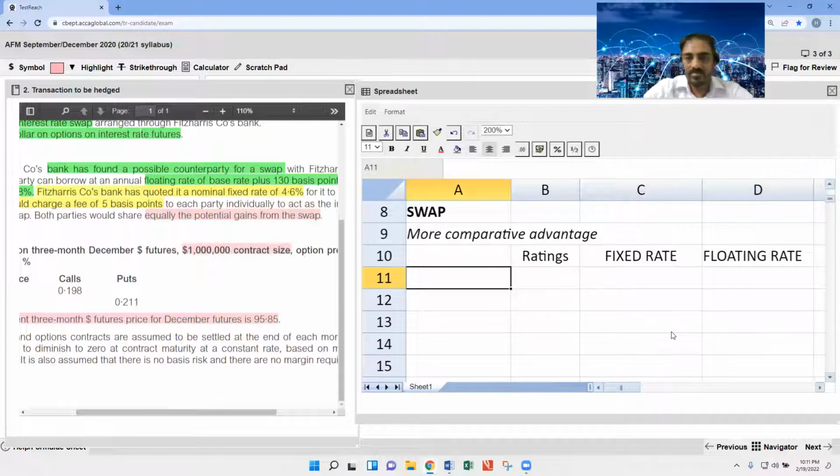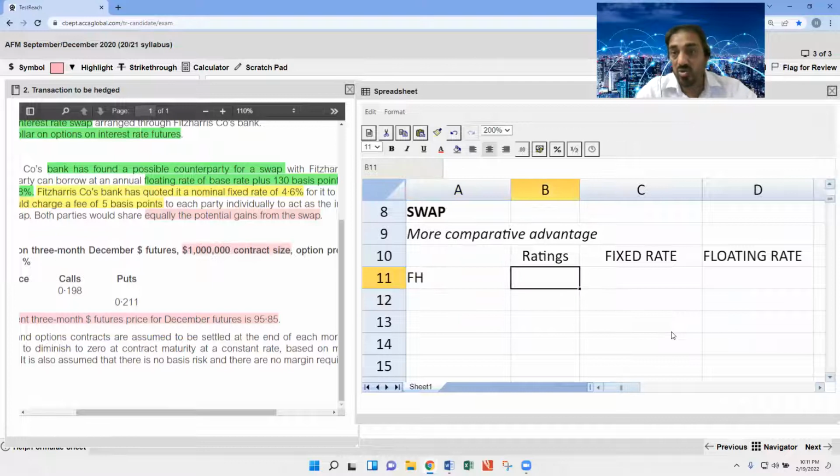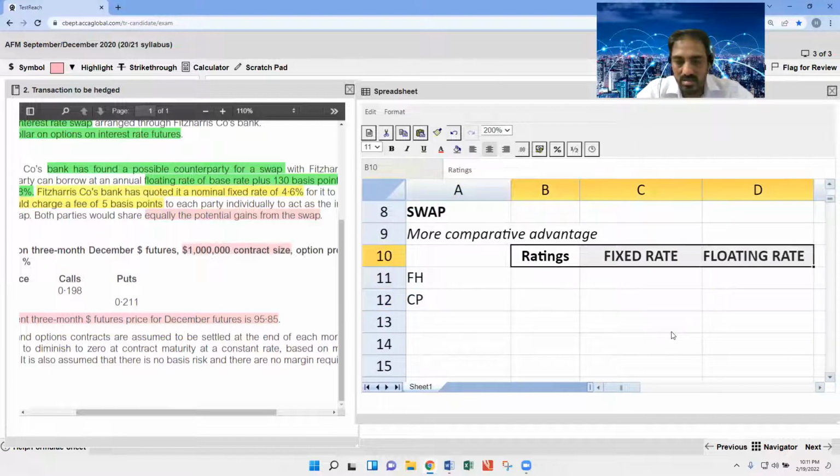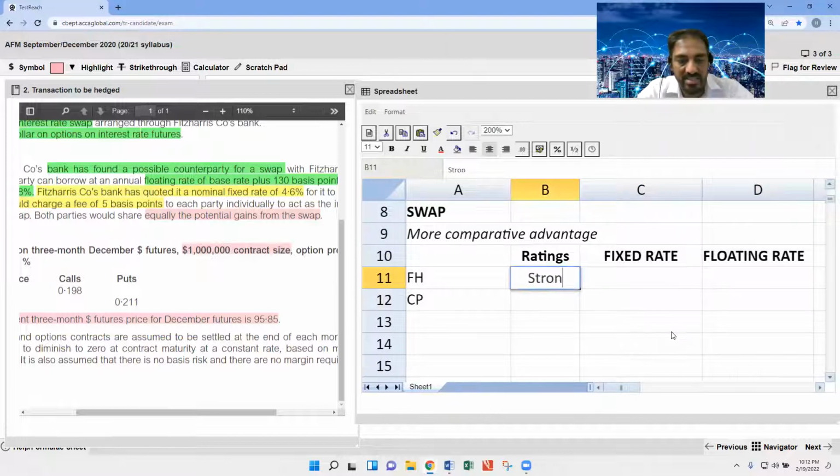Okay, come on. Number one, the company name Fitz Harris, FH. Don't use the shortcuts here. And here the counterparty. We have already determined that Fitz Harris is stronger. If examiner mention the credit ratings, for example, AAA, AA, triple B, you have to mention. Otherwise, do the working like this.